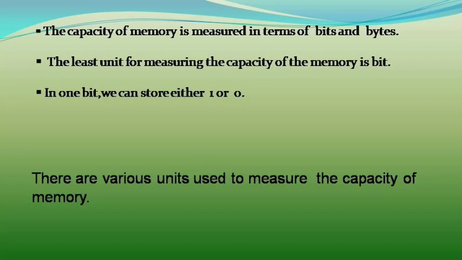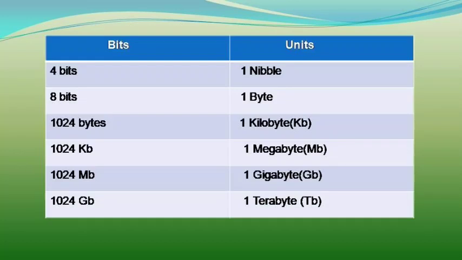There are various units used to measure the capacity of memory. We can see one by one. So the 4 bits of memory capacity can be measured by the unit 1 nibble. And for 8 bits, the unit is 1 byte. For 1024 bytes, the unit used to measure the capacity is 1 kilobyte.